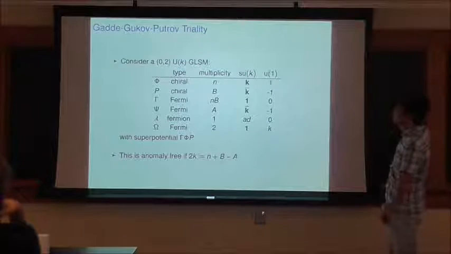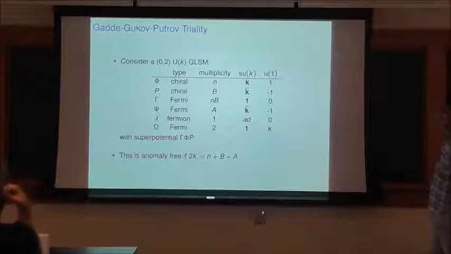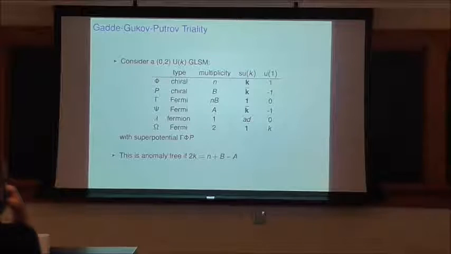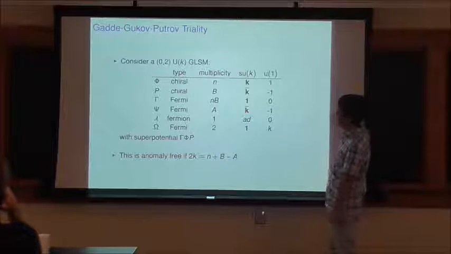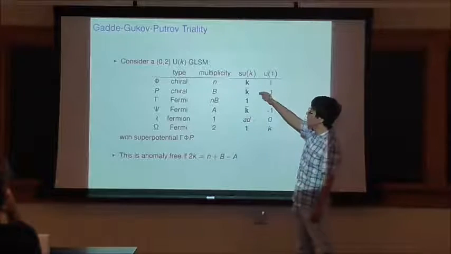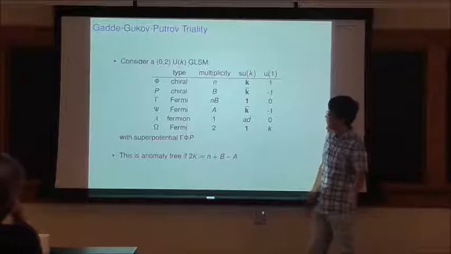And there are more fun games you can play, discovered by Gadde, Gukov and Putrov from Caltech, what they call the triality. So you start with a (0,2) gauge theory with the following matter content. You have this number of chiral and Fermi multiplets, and these are the left-moving gauge fields.